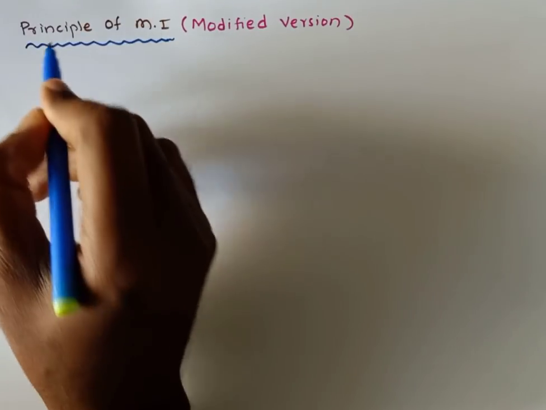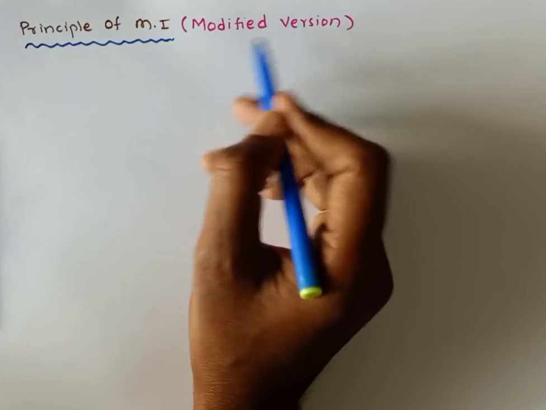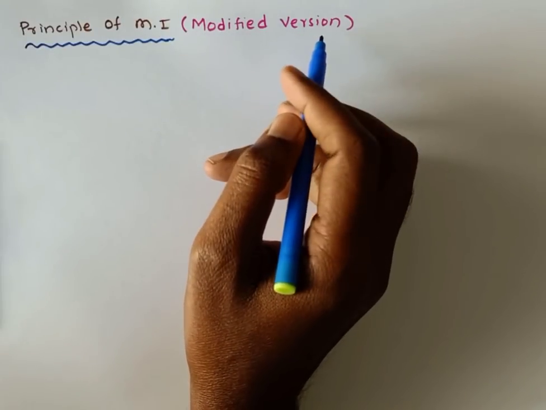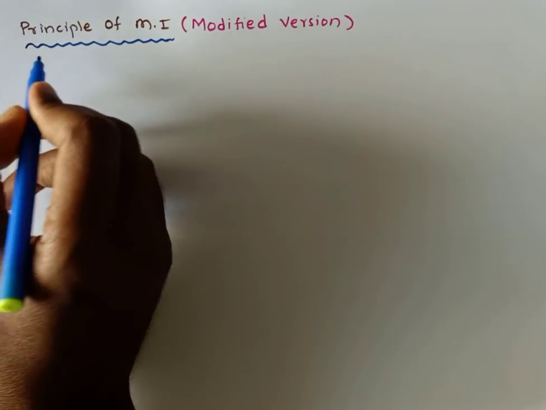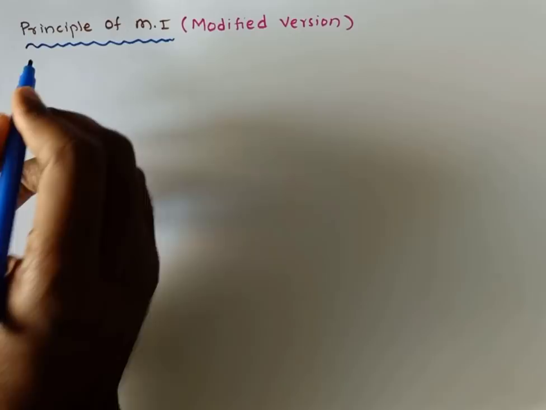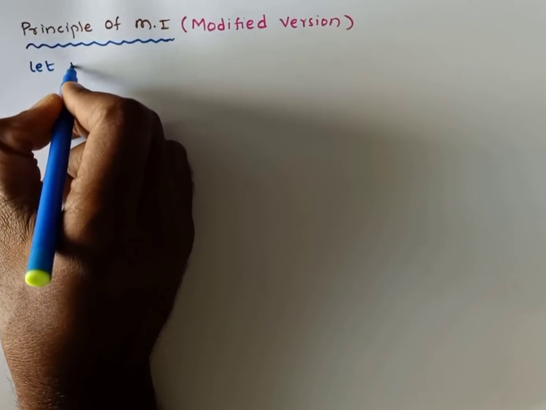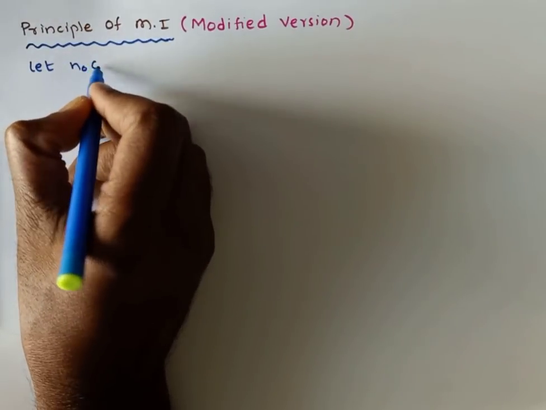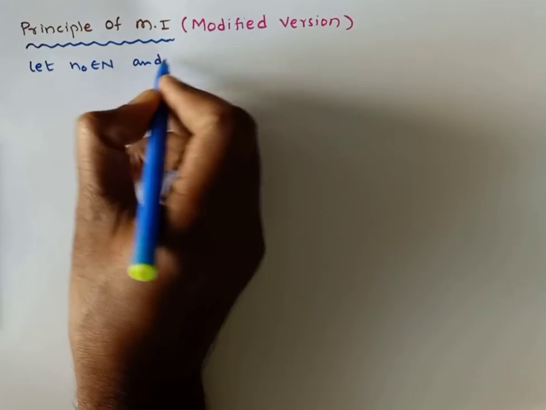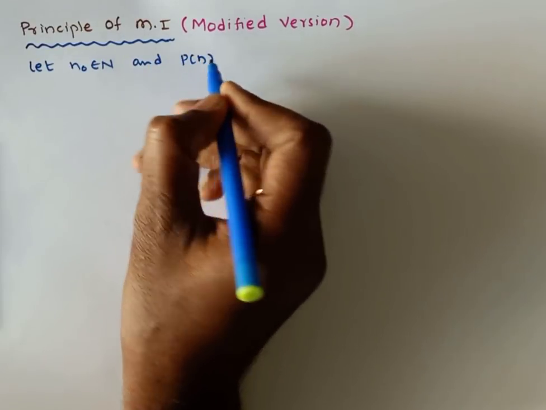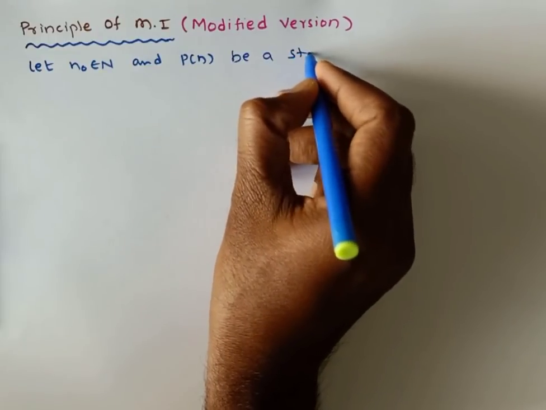So let's see the principle of mathematical induction, and this is a modified version of the general mathematical induction. See here what is the modified version. So let some number n naught belong to the natural numbers, and obviously P of n be the given statement, be any statement.